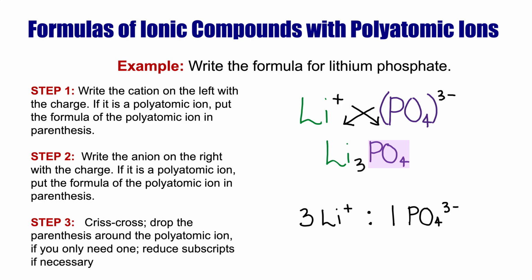Each individual phosphate is PO4. If that phosphate was in parentheses and there was a subscript outside of it, that subscript outside of the parentheses is what you would use for the ratio when you're trying to figure out whether or not the compound is neutral overall.